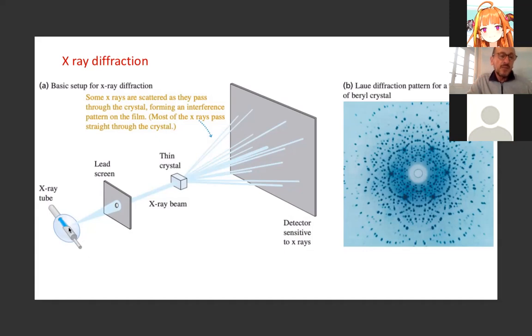There's a piece of metal here where the electrons collide, and when they do that, they lose all their energy. The energy you gave them by acceleration, they transform into electromagnetic radiation that goes through a pinhole in this case and gets to your sample. When it gets to your sample, it gets scattered in different directions, and these directions have something to do with the details inside the crystal.